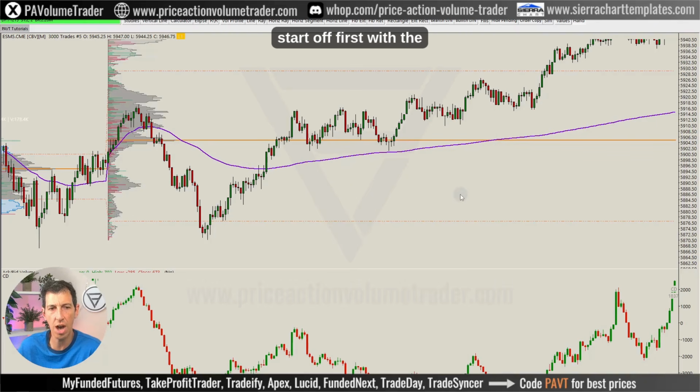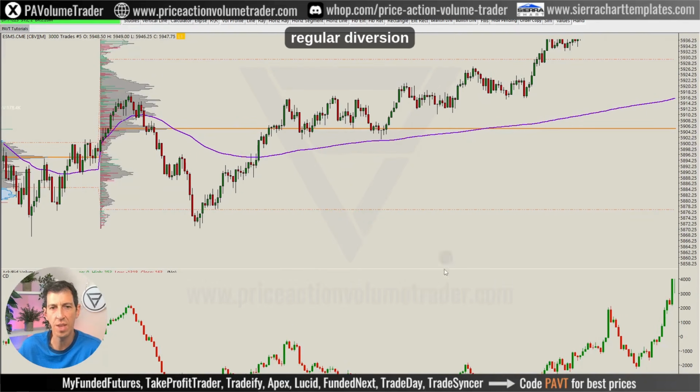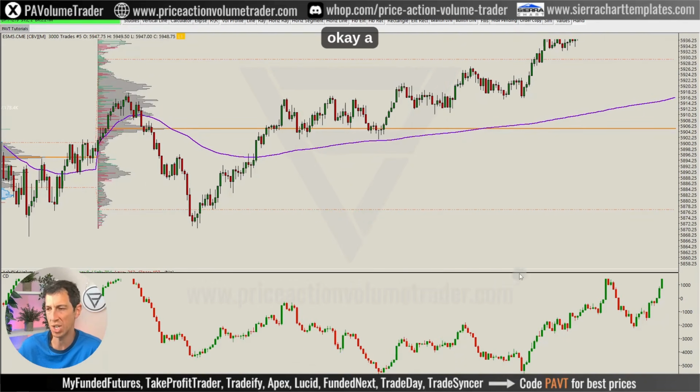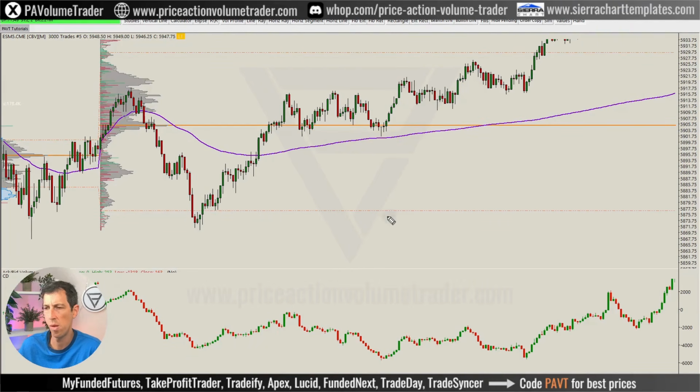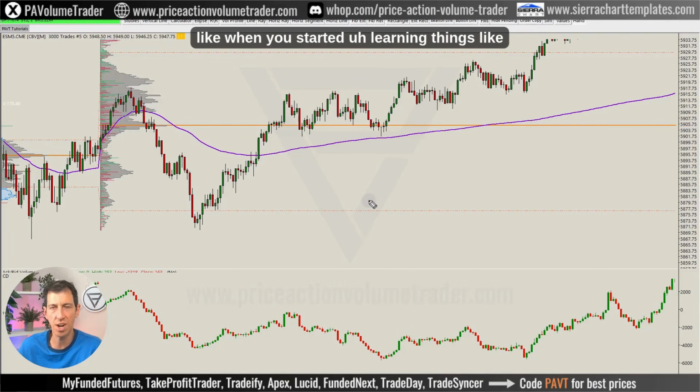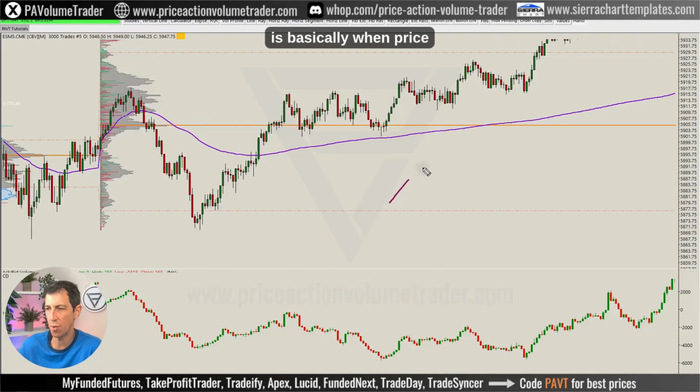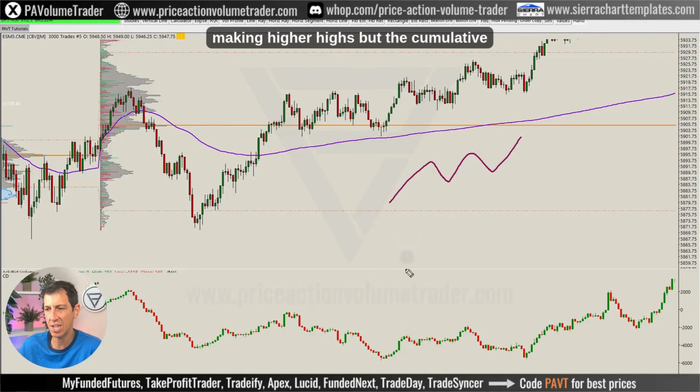So let's start off first with the regular divergences, okay? A regular divergence is just like when you started learning things like MACD or RSI, it is basically when price is making higher highs, but the cumulative delta is making lower highs, okay?